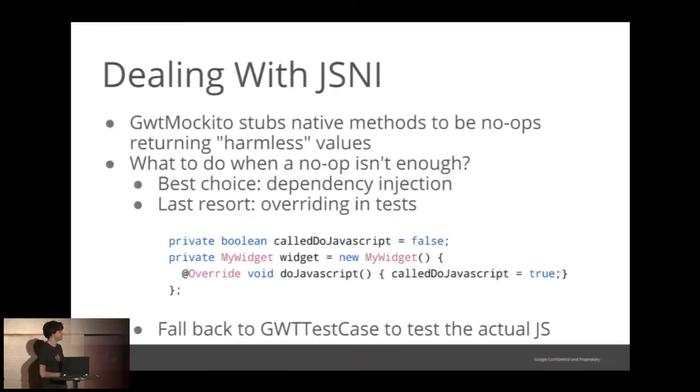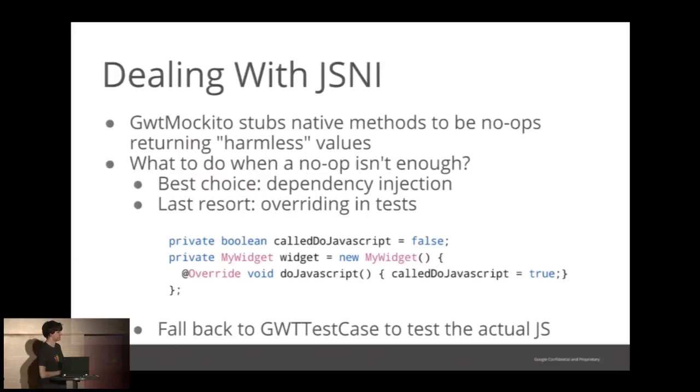Another option you have, just as a quick hack, is to actually override native methods directly in your test. This is a bit uglier, but say I have a class called myWidget, and inside it has a native method called doJavaScript. Then in my actual test code, rather than testing myWidget directly, I can test a subclass of myWidget that overrides this native method and does something like either track that the method has been called or take some sort of fake action.